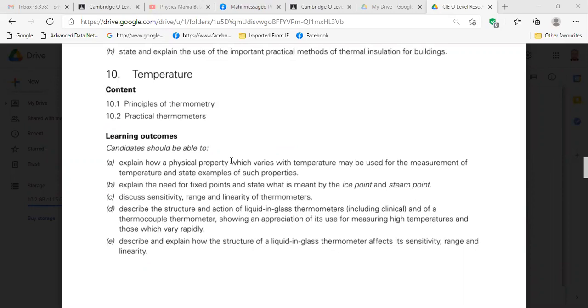One is liquid expansion for measuring the temperature. Another one is changing resistance with temperature. The other one is production of EMF with temperature change. So these three properties we are using to make the thermometer.